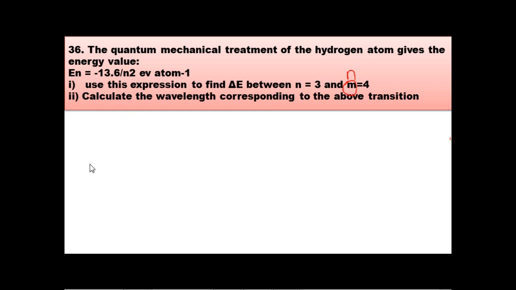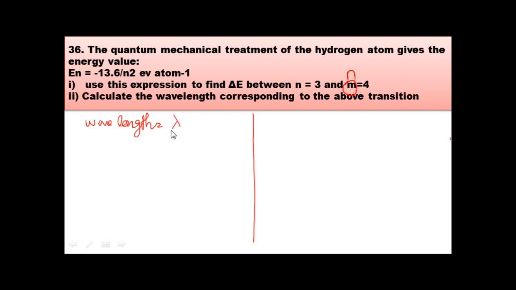So what is the second question? Calculate the wavelength corresponding to the above transition. So the wavelength lambda. The delta E equal to hc divided by lambda. So lambda equal to hc divided by delta E. So already we know that.